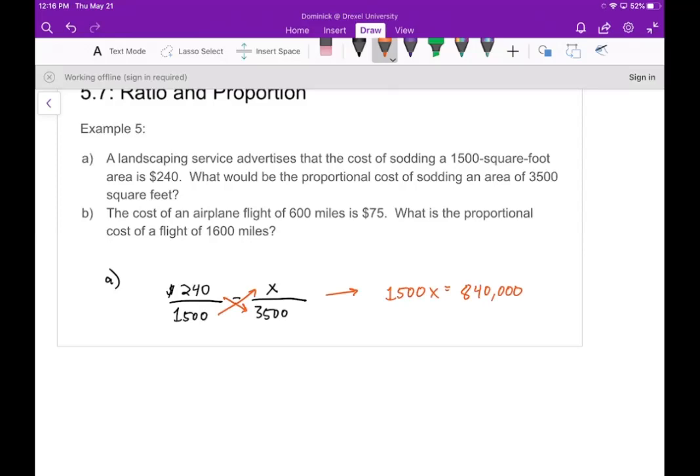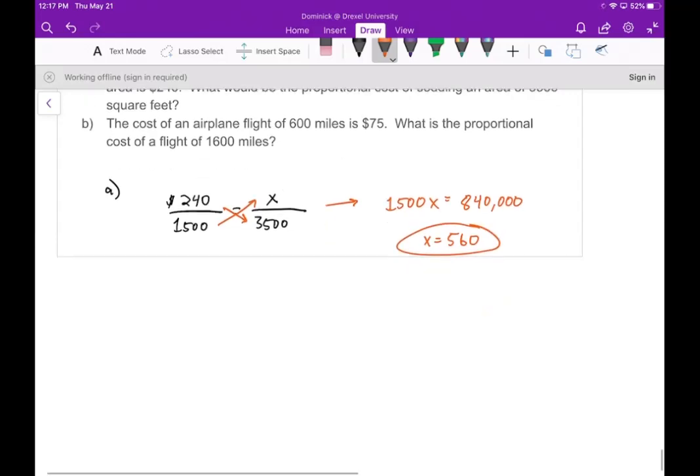And then if we divide that by 1,500, we're going to get that x is equal to 560. So if you wanted to sod 3,500 square feet, based on 1,500 square feet being 240, you can expect to pay 560.